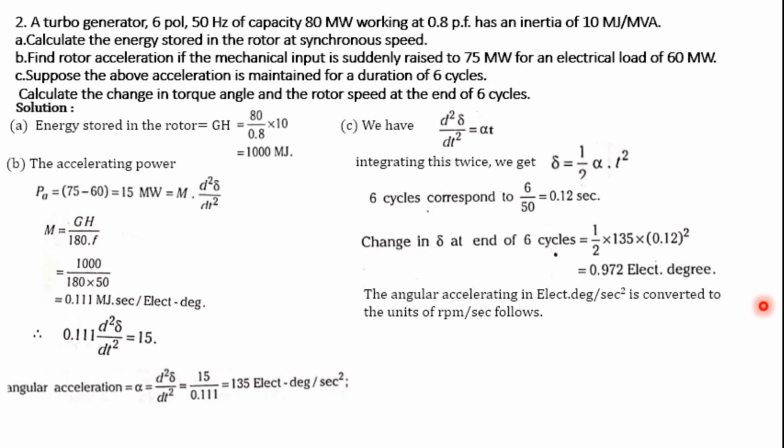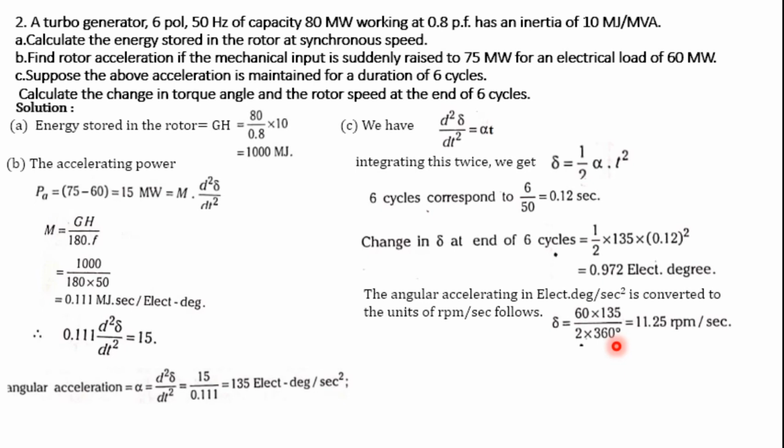The angular acceleration in electrical degrees per second is converted to the unit of RPM per second as follows. That is 60 into 135 divided by 2 into 360.